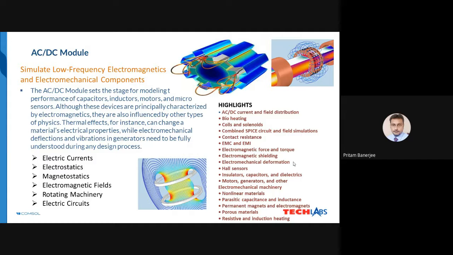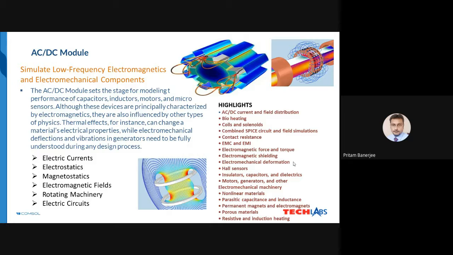The COMSOL Multiphysics software makes it possible to investigate the impact of other physics effects over here as well, such as heat transfer, structural mechanics, acoustics on the electromagnetic model. Even in the electromagnetic model, what could be the impact of other physics could also be defined over here.